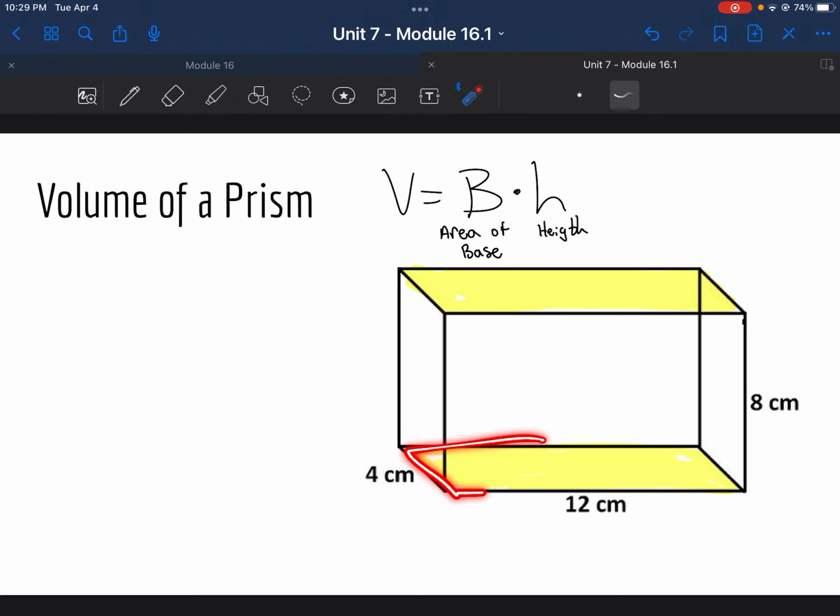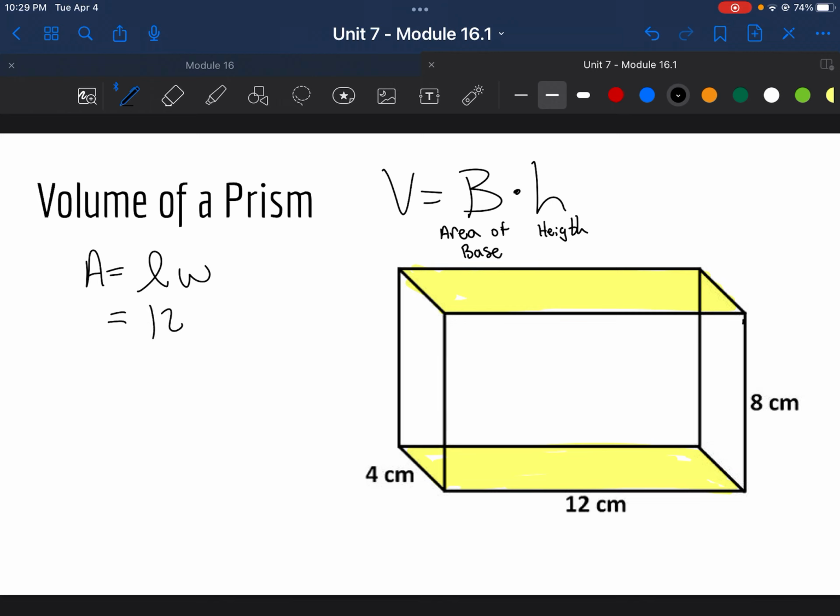How do I find the area of a rectangle? That's right, area is equal to length times width. In this case, my length is 12 centimeters and my width is 4 centimeters. So the area of my base is going to be 48.